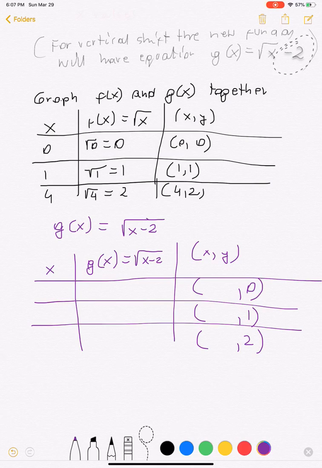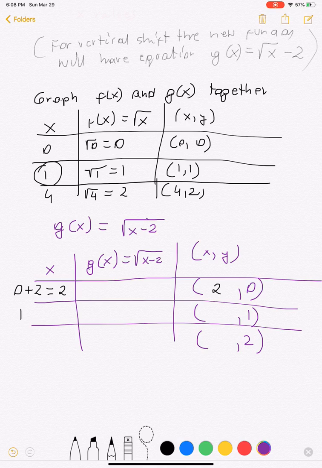So we're going to take our original x, which was 0, and we're going to add 2, because we have a horizontal shift to the right. Take your original x, which was 0, and add 2 because we're pushing the graph to the right. So we have 2. The first point will be 2, comma 0. Next, take the original x coordinate, which was 1.